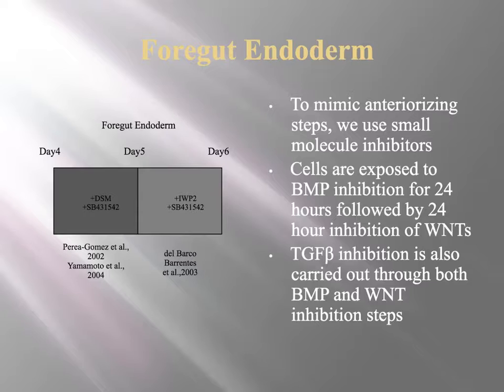During both steps, TGF-beta is inhibited. To mimic that, we used dorsomorphin for inhibiting BMP. We used SB431542 for inhibiting TGF-beta. We used IWP2 for inhibiting Wnt, and we continued using SB431542 for inhibiting TGF-beta.